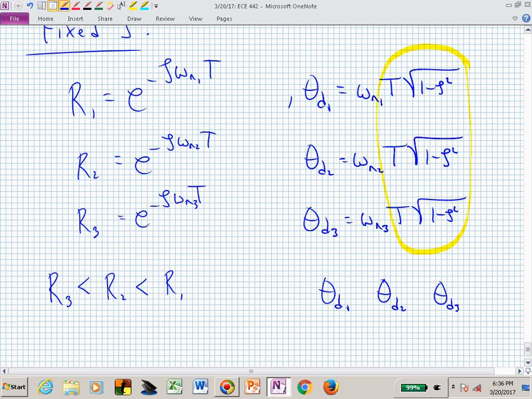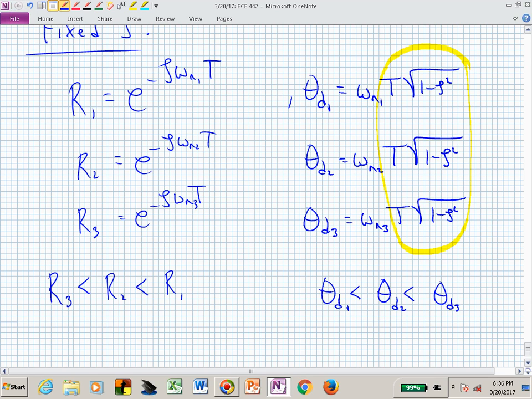Which angle is the largest? 3. So now theta D1 is less than theta sub D sub 2 is less than theta sub D sub 3. So now for fixed zeta, what do I have? I have my r's getting smaller and my angles getting bigger as I march from 1 to 2 to 3.